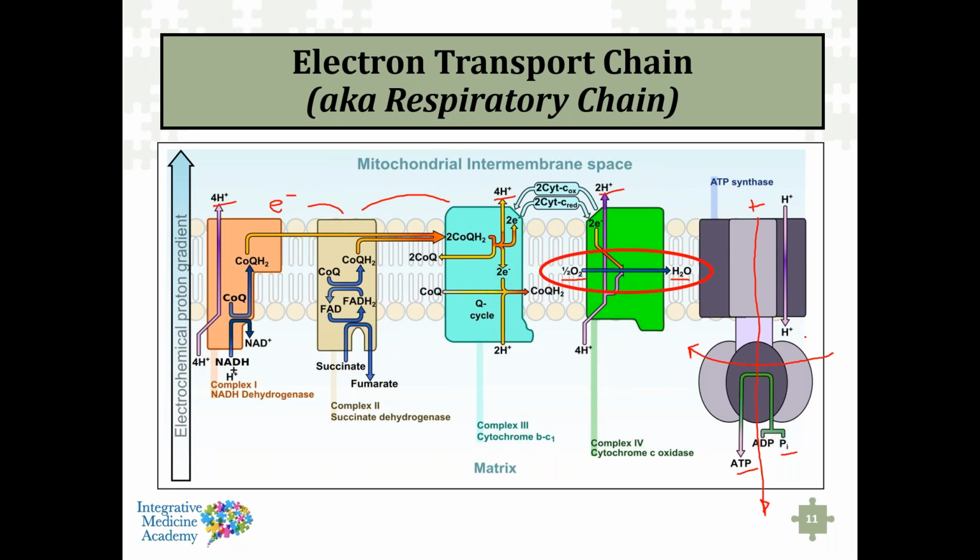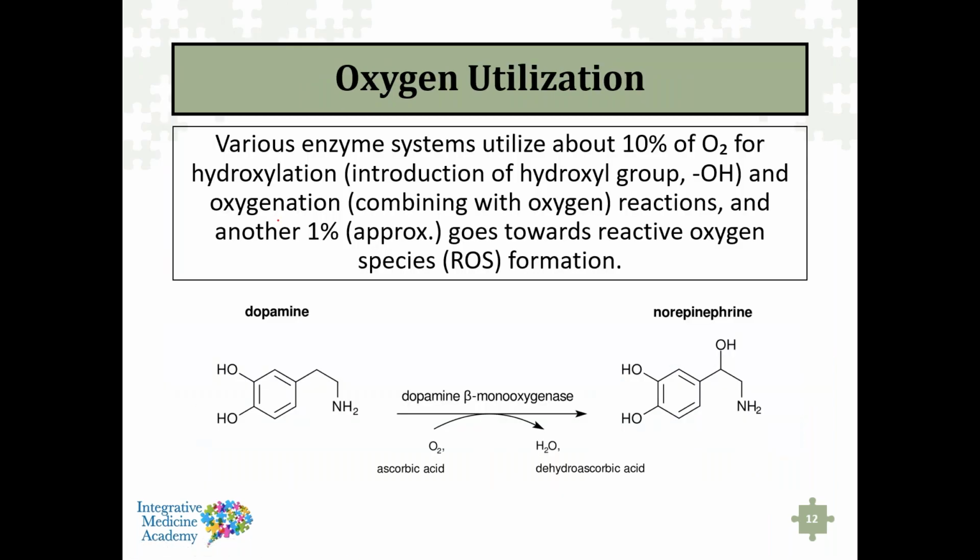That reaction is key. It is the conversion of molecular oxygen to water with the combination of electrons that have been transferred along the electron transport chain. So oxygen utilization is critically important for oxidative phosphorylation, about 90%.